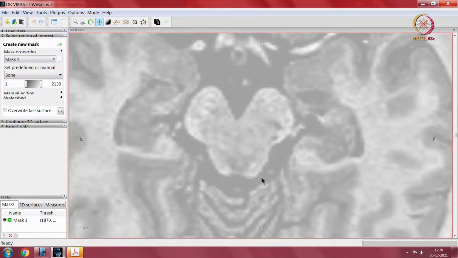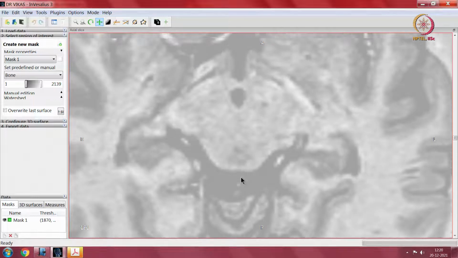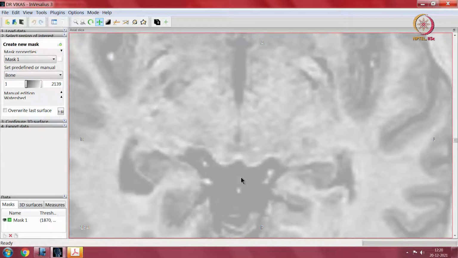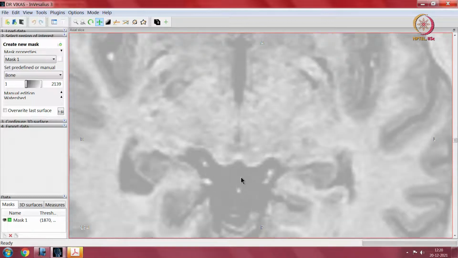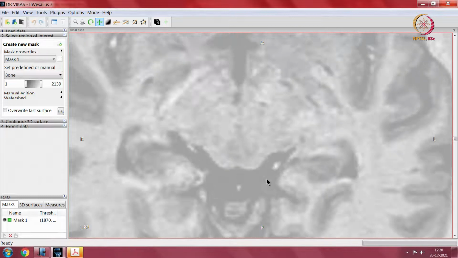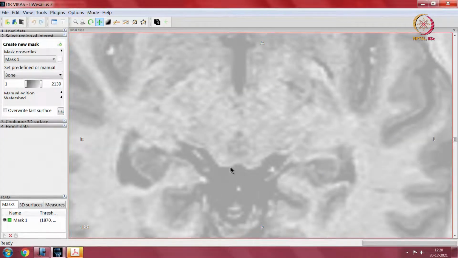Midbrain, you can see small bulges behind, this one bulge here and this one bulge over here. They are the colliculi, right, and that would be the superior colliculi, which is the bulge over here, and this should be the inferior colliculi.